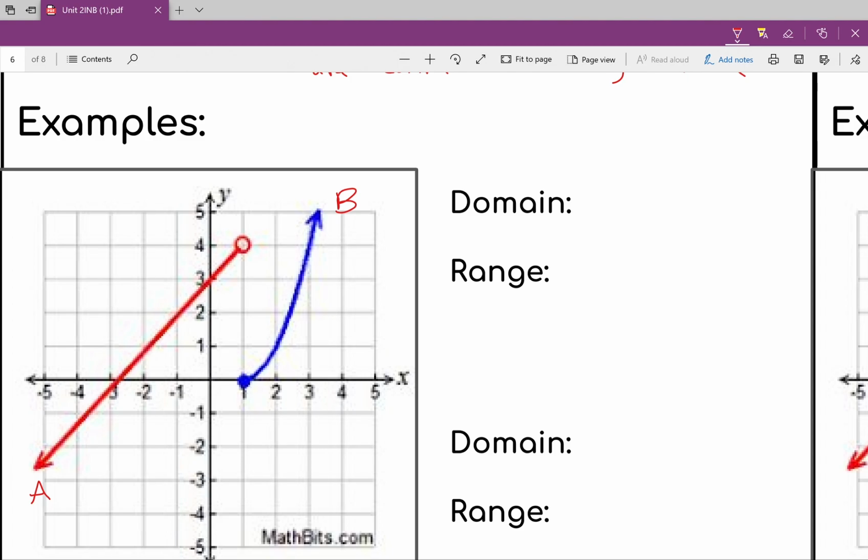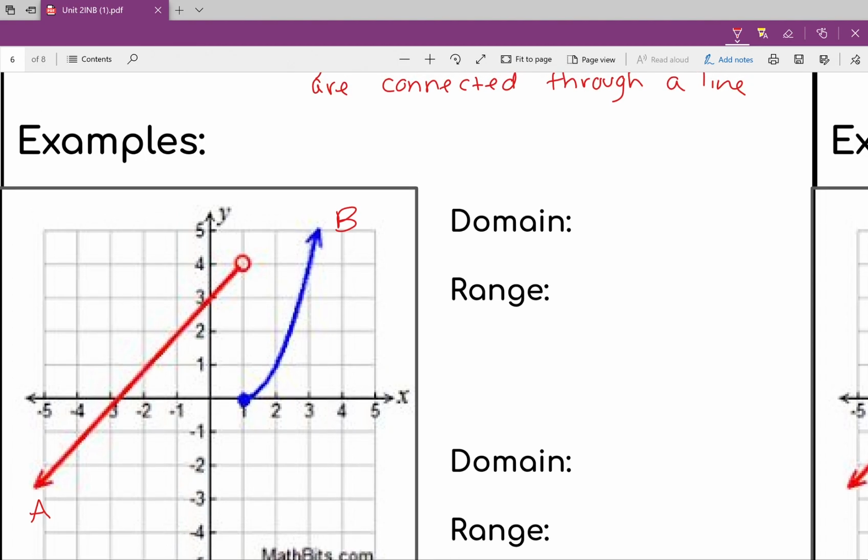So notice for the line on A, we have an open circle. Above the domain here, I'm going to make a little note that when we have the open circle, we're going to use the symbol less than. When we have a closed circle, a circle that's filled in, we're going to use less than or equal to.